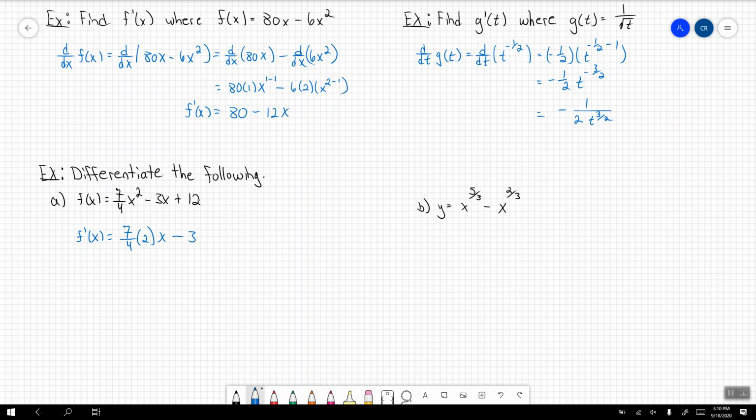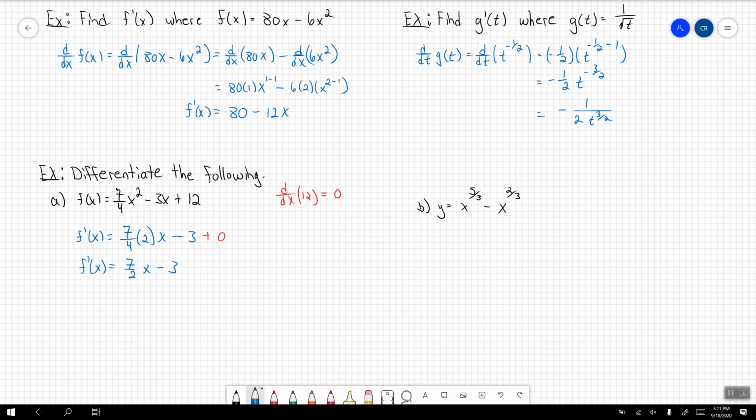And the derivative of a constant, remember the derivative of a constant is 0. Therefore, when we take the derivative of 12, then we just get 0. And that's where this 0 is kind of coming into play here. And we typically just don't write the 0. So in order to get this f prime, 7/4 times 2, that's going to reduce to 7/2 x, and then we have minus 3. And there you are. That's your derivative.